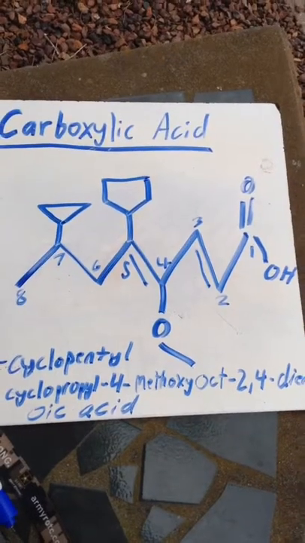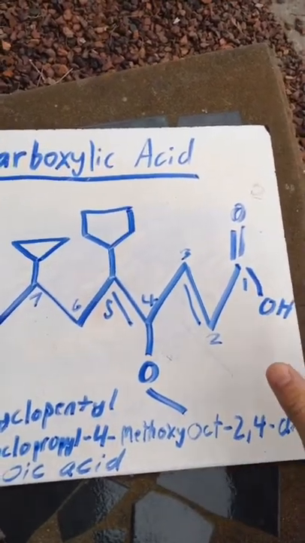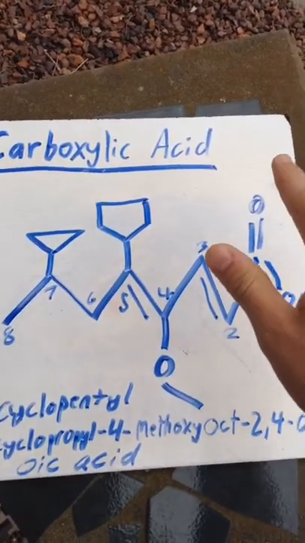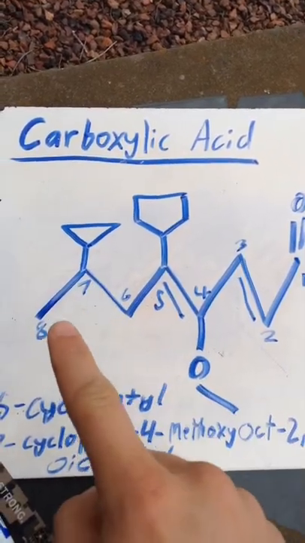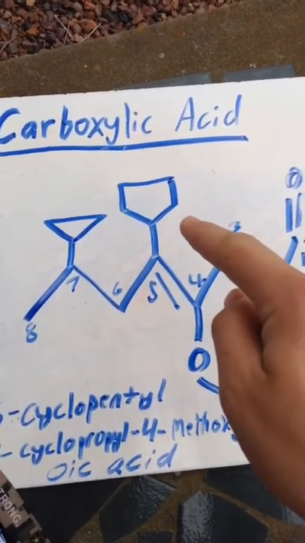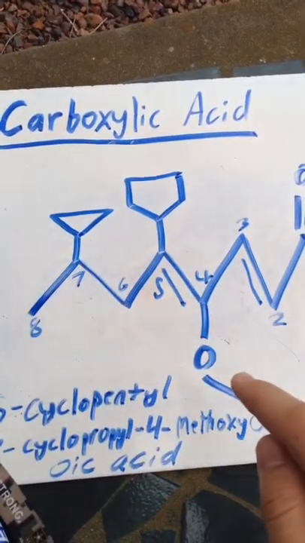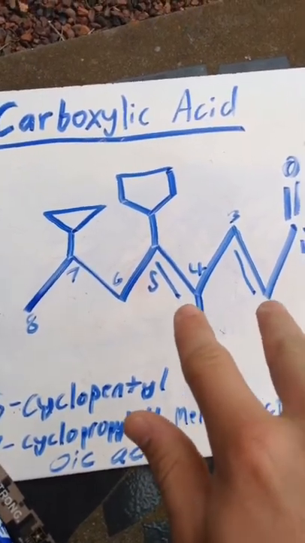Alright, here's a more complex carboxylic. So again, you're going to start at the carboxylic at position 1. So 1, 2, 3, 4, 5, 6, 7, and 8. So that's your longest carbon chain, 8. Right here you have a cyclopentyl and then a cyclopropyl, and then right here you have a methoxy. Then you have two double bonds at positions 2 and 4.